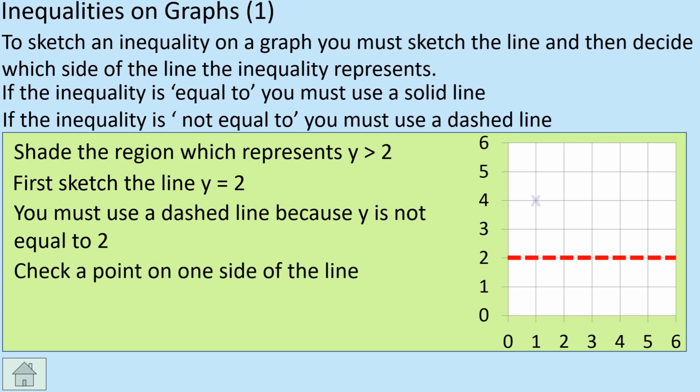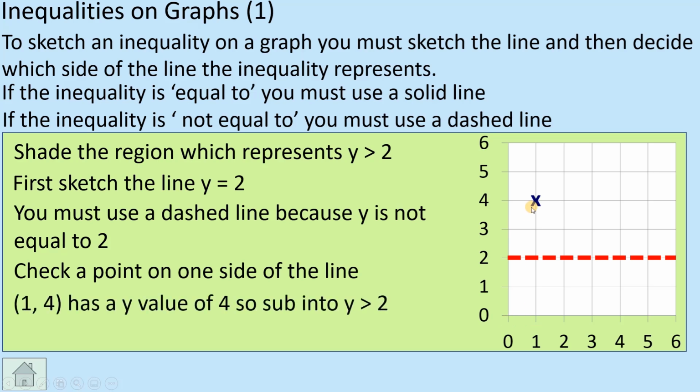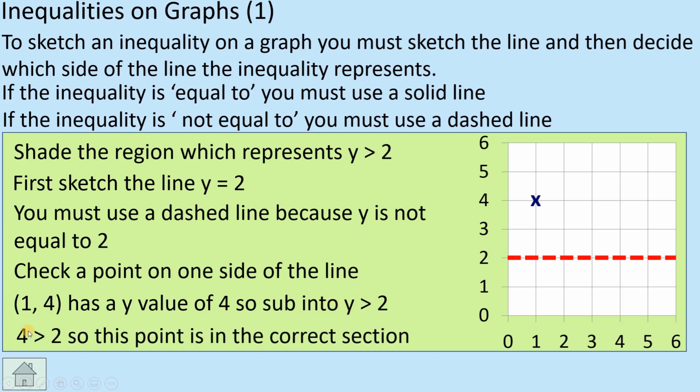So if I put a coordinate in here, we'll start with this one, 1, 4. If I think about a coordinate having an x and a y value, it's the y value I'm focused on, and here y equals 4. So if I substitute that in as my y, what we're saying is 4 is greater than 2. Well, yeah, it is, so this coordinate is in the correct section.